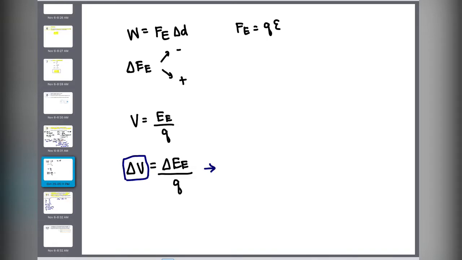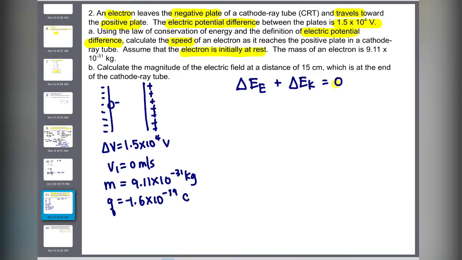Does it make sense that I would be using this equation? Okay, I need to find delta EE, and they gave me potential difference, and they gave me a charge. Well, they didn't give me, I know I can look up a charge for the electron. Okay, so I'm going to rearrange this equation. So change in electrical energy is Q times delta V. Okay, so that's what I'm going to plug in.